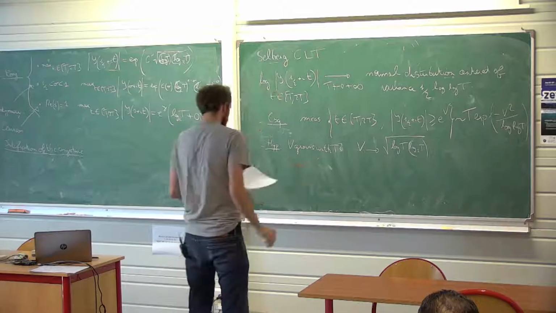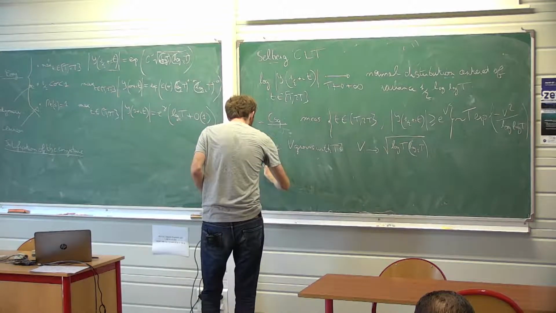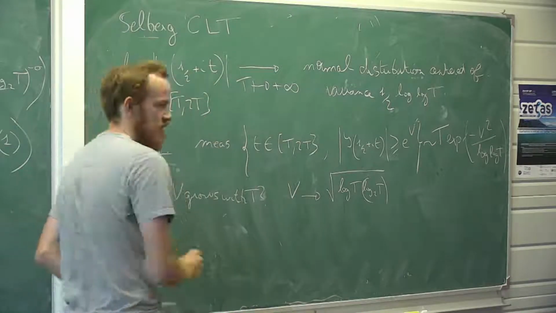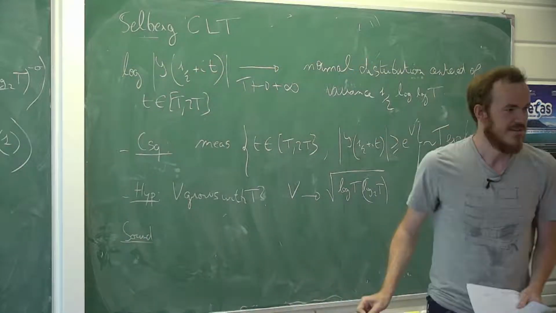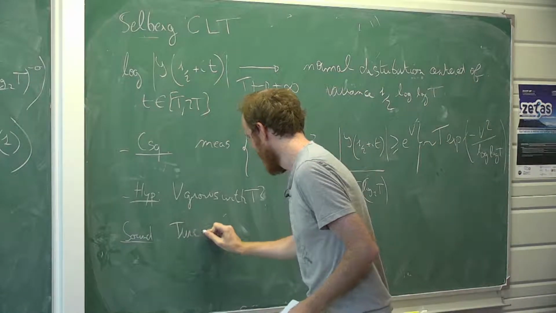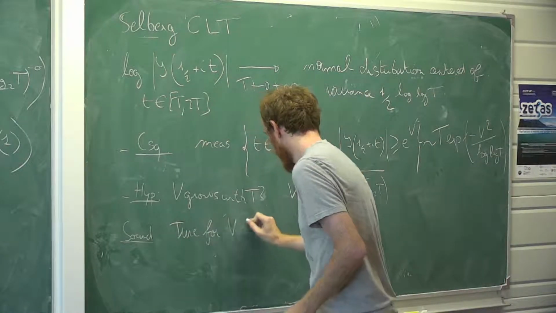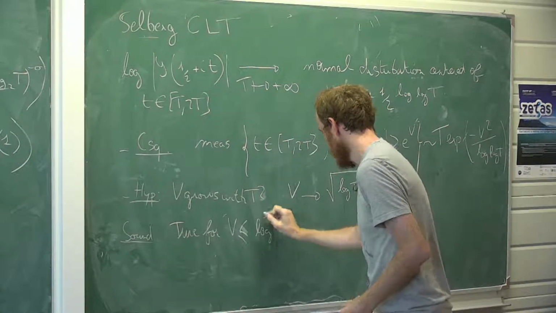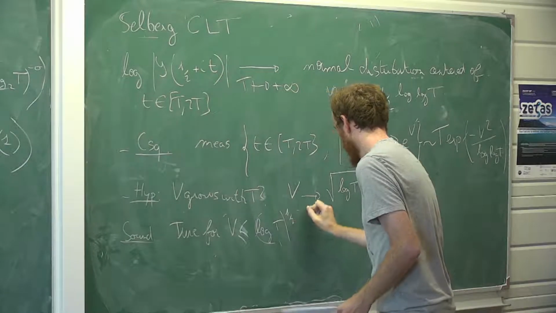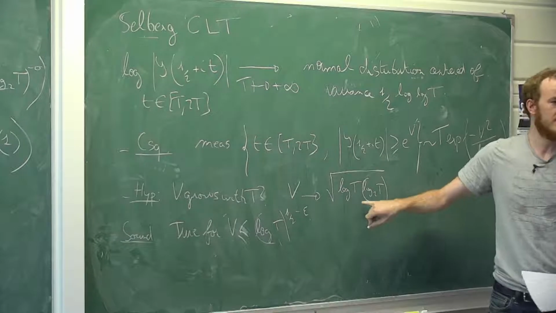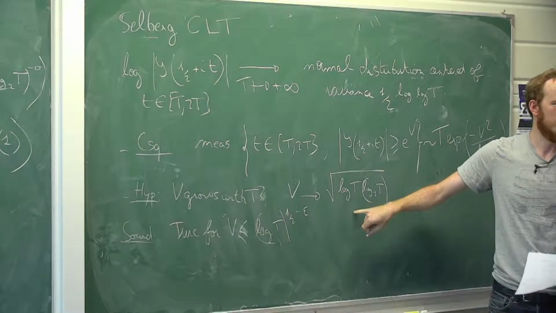But we can still prove something. Just for information, Soundararajan (I will write Sound because it's always too long to write) said this is true for v that can go up to something which is quite good but doesn't reach the right order of magnitude that we expect.